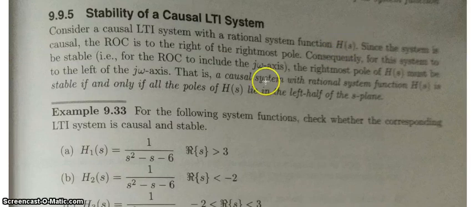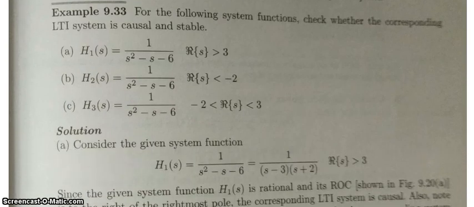Therefore, a causal system with a rational system function H(s) is stable if and only if all the poles of H(s) lie in the left half of the S plane. Only if this condition is satisfied can we say the given LTI system is both stable and causal.